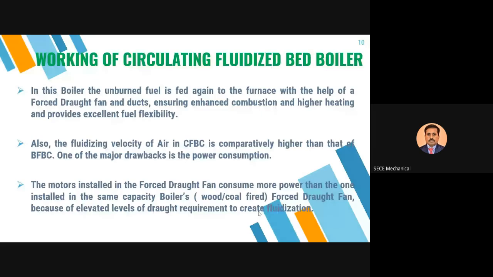One of the major drawbacks is power consumption. The motor installed in the forced draft fan consumes more power than one installed in same-capacity wood and coal fired boilers, because of the elevated draft requirement to create fluidization.